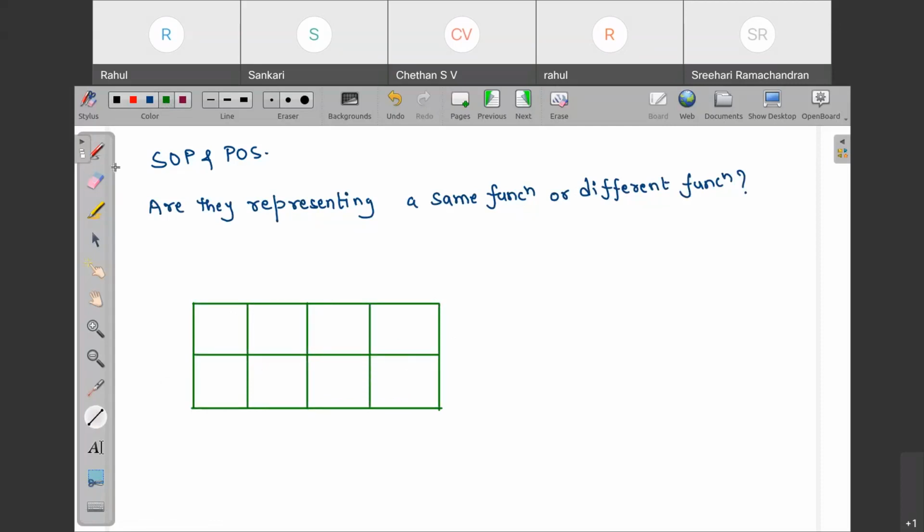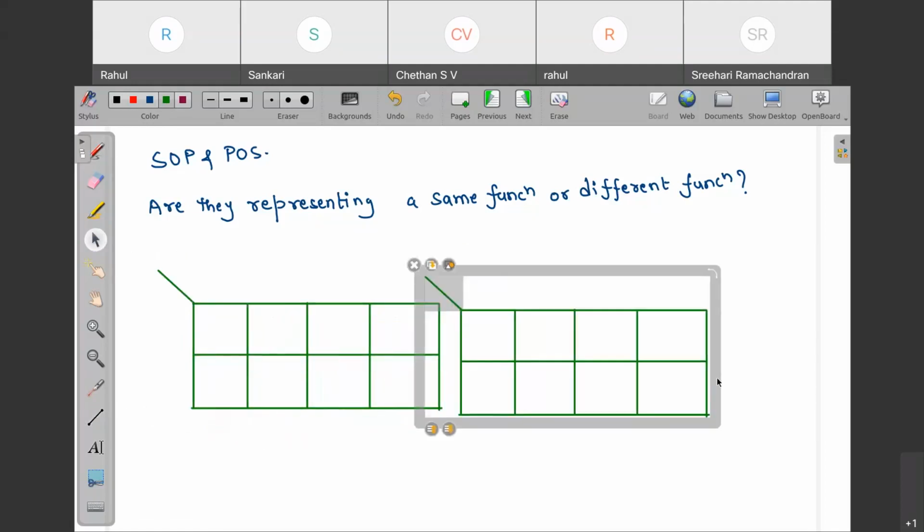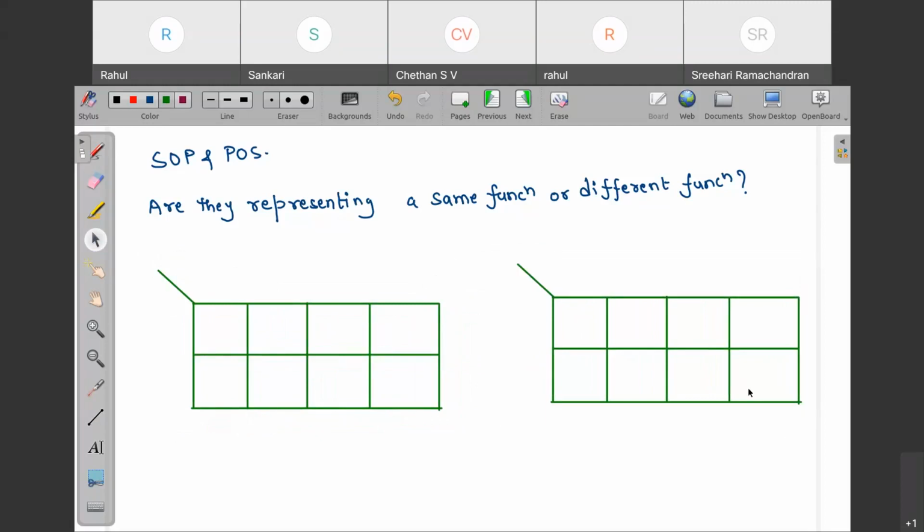Okay. So let me answer this by a question. And after that, we are going to see what is don't care. Suppose this is your 3 variable KMap. I am not going into that much detail now.